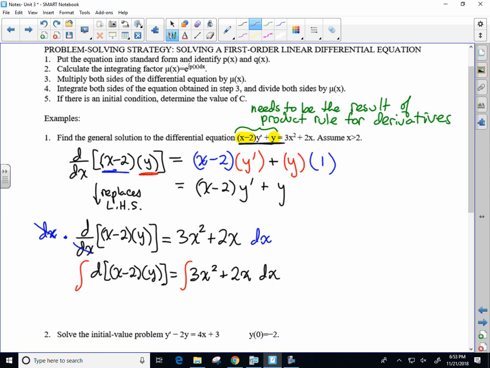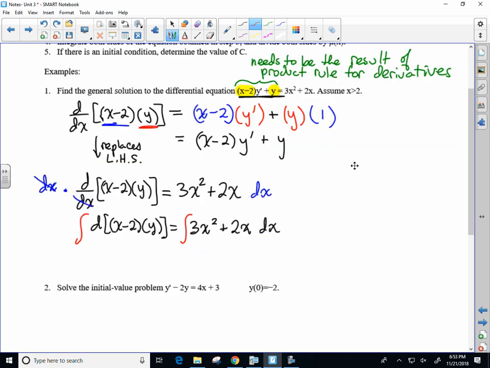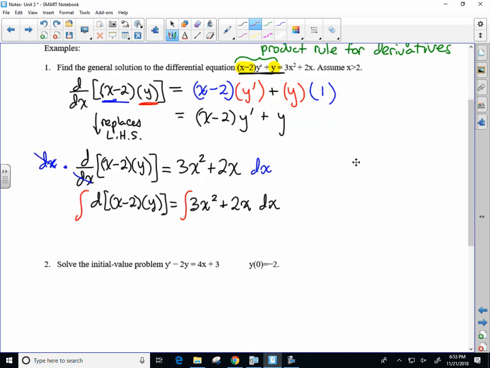Derivatives and antiderivatives are inverse operations, right? Which means that they cancel each other out. So when I take the antiderivative on the left-hand side, I'm just left with x minus 2 times y. On the right-hand side, x cubed plus x squared plus c.